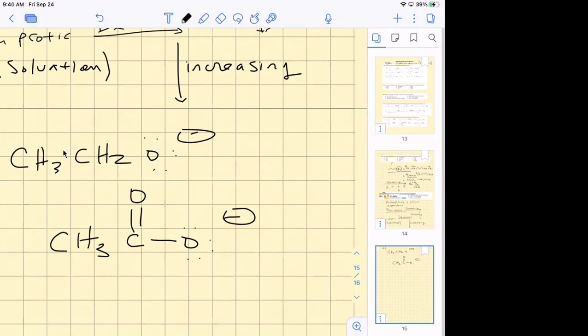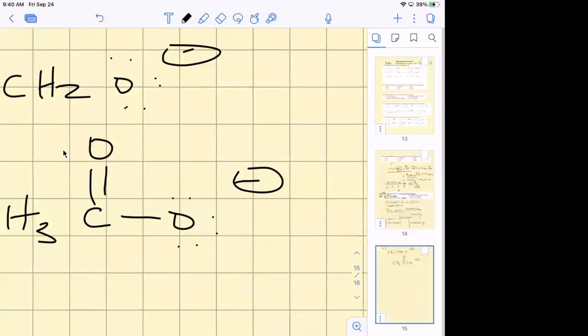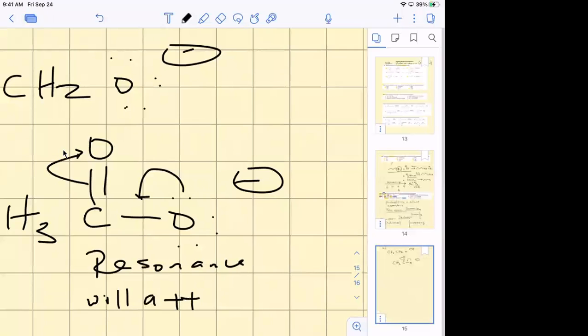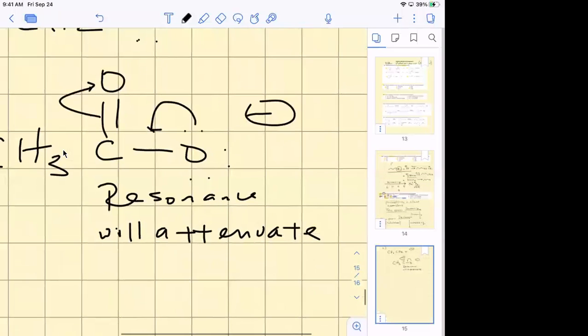Do they donate or do they accept? Donate. If this oxygen right here can do resonance, that means that those electrons are less available to be donated. So the resonance is actually going to attenuate the nucleophilicity.